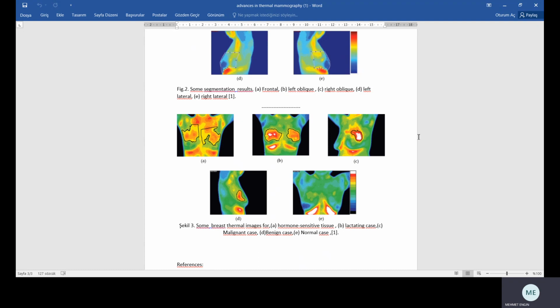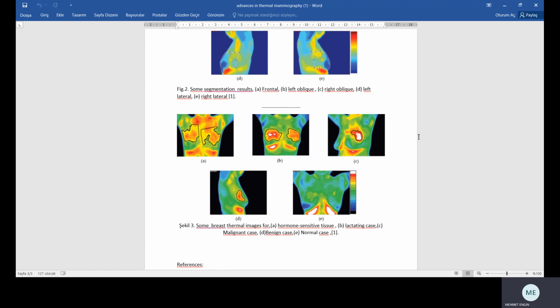similar to normal cells. In the case of malignant tumors, benign tumors, inflammation, or wound healing cases, an increased temperature in the abnormal region is observed. This leads to differences in the thermal heat patterns compared to the contralateral breast.